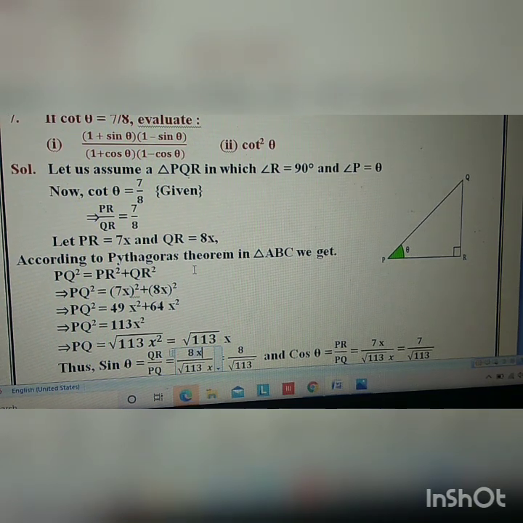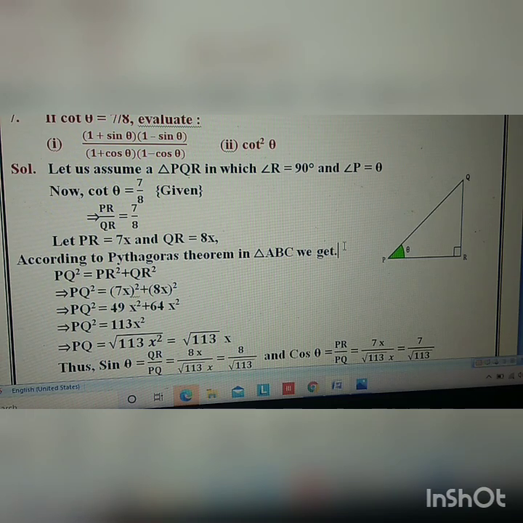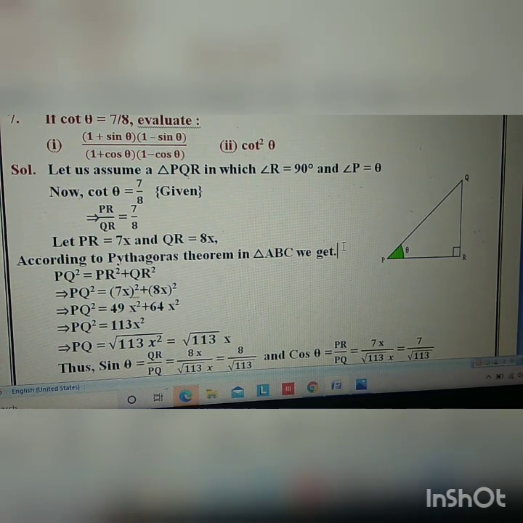So let us consider triangle PQR, a right triangle in which the right angle is at R and angle P is theta. Since we are given cot theta, and cot is equal to base upon perpendicular, for theta the base would be PR, because the side adjoining the 90-degree angle and angle theta is PR.